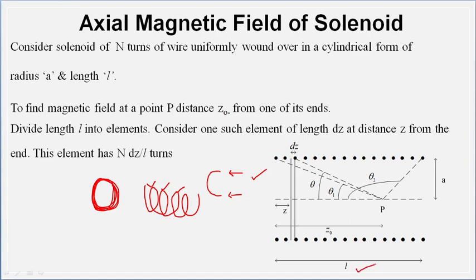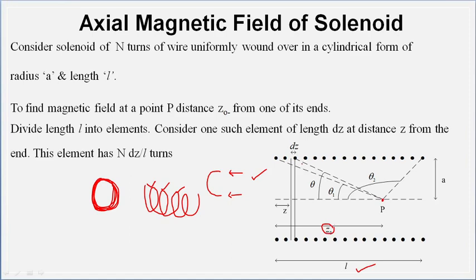Now what we will do here is, we will find the magnetic field at the point P at a distance Z0 from one of the ends. So this is the point P, and this is the distance Z0.